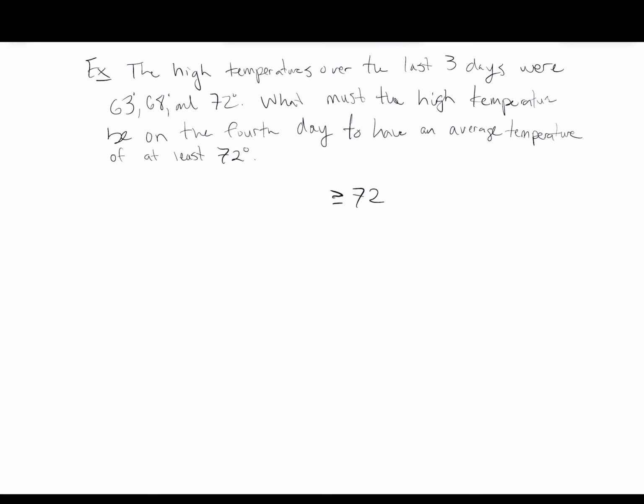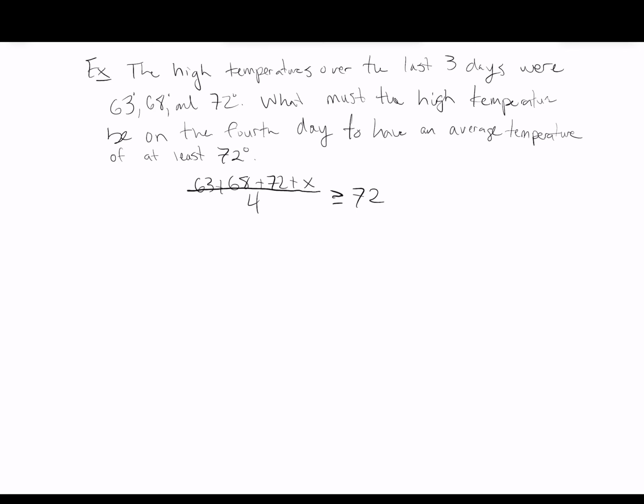How do we find the average? Well, we add up all of our values, which are 63, 68, 72, and then the value we don't know, which is the 4th day's high temperature, and we divide by the total number of days, which is 4.